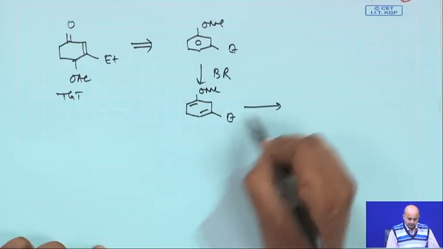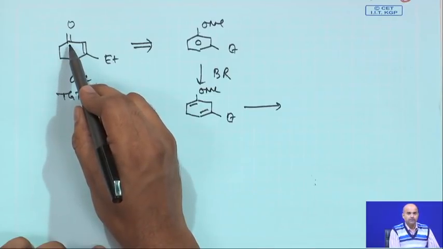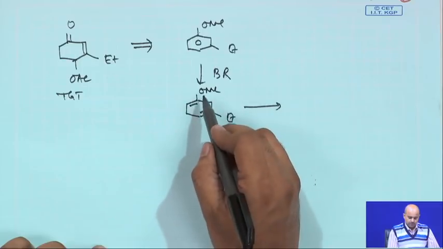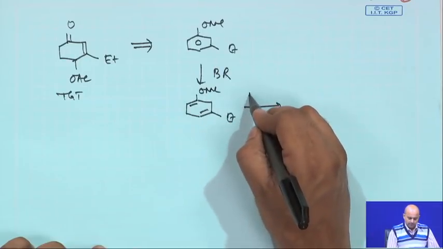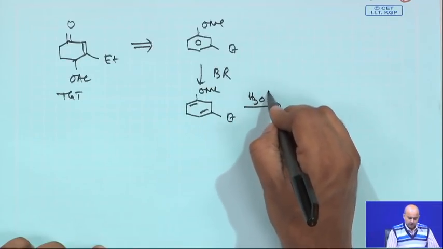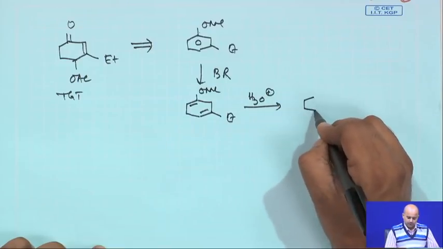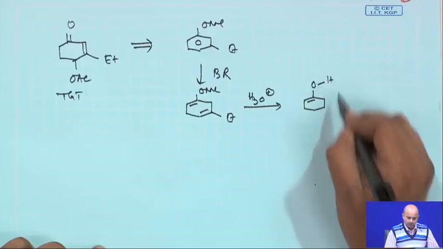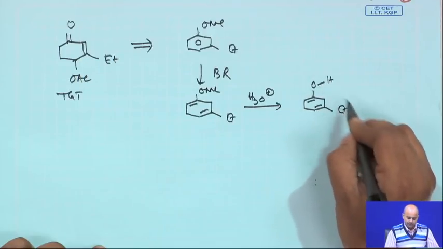Now, you will find that in the final compound you have a ketone. If you have an anisole kind of compound, after Birch reduction you do a hydrolysis. Once you do the hydrolysis, this vinyl ether will undergo hydrolysis and give you an enol.